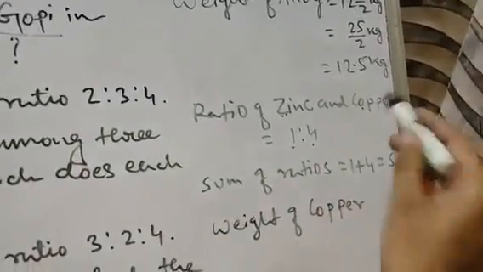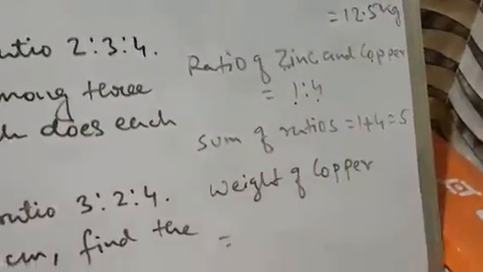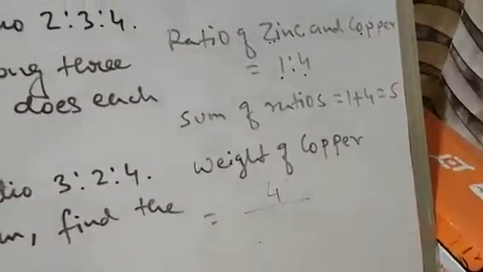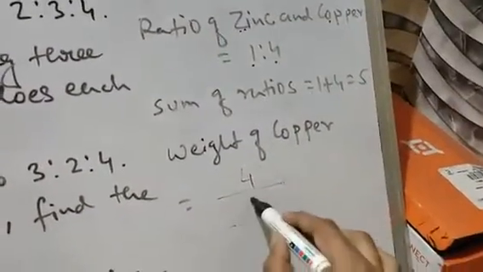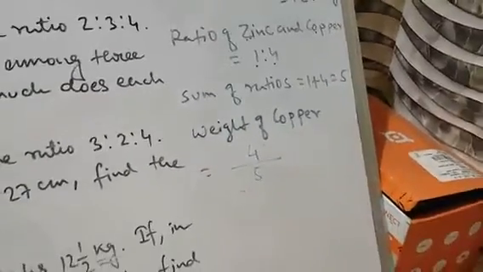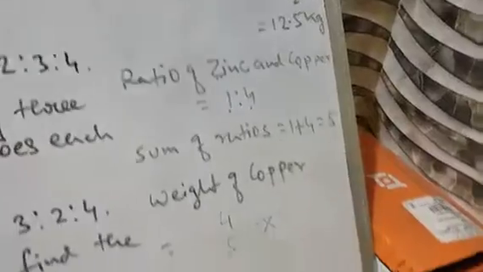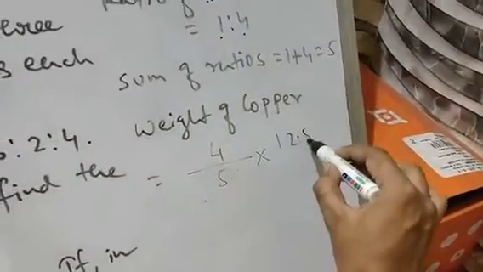So we need only the weight of copper. So copper is 4, therefore 4 will be your numerator, divided by the sum of ratios. Sum of ratios is 5. So it will be 5 into the weight of alloy given, 12.5.